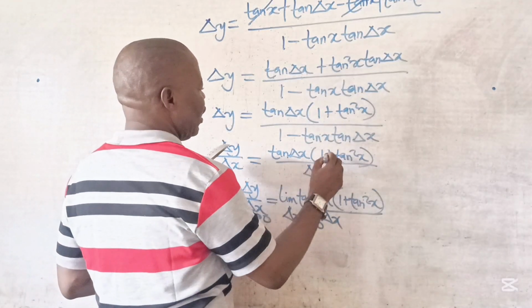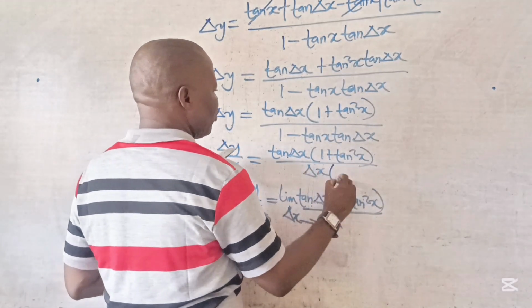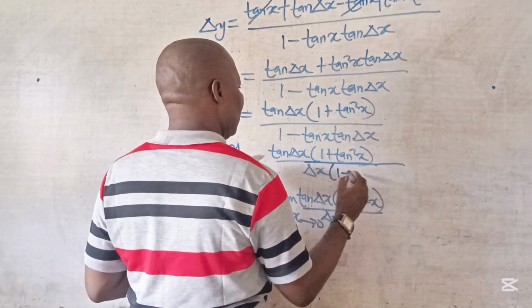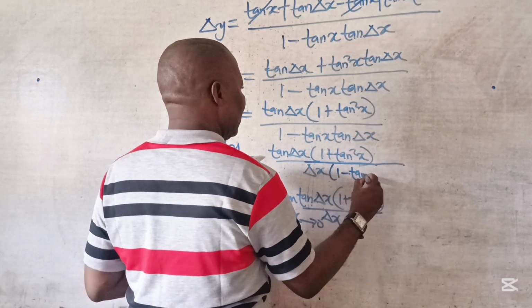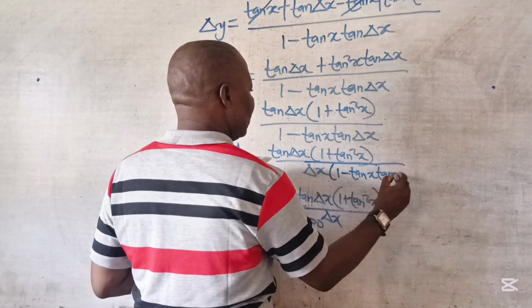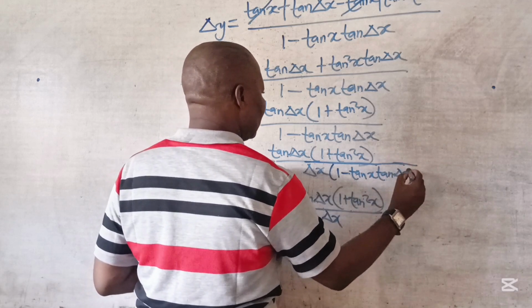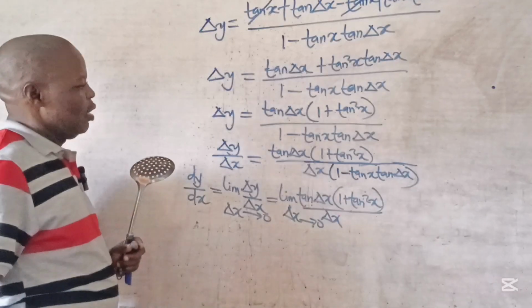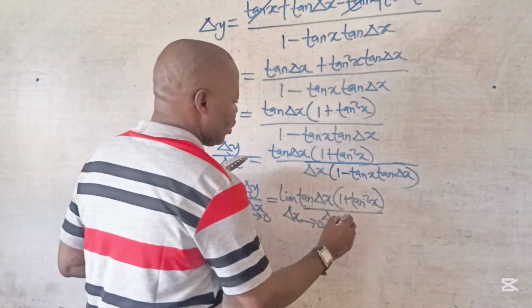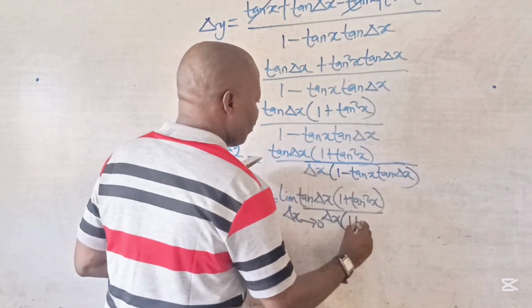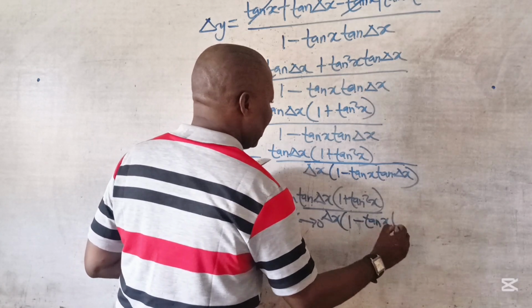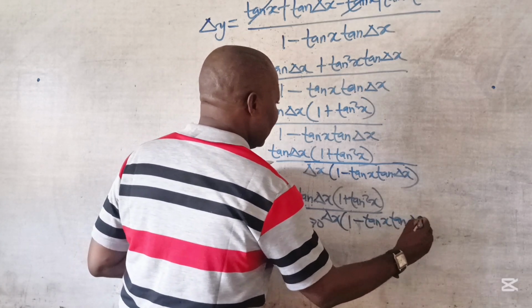This one is into 1 minus tan x tan change in x. Then we come to this place. This one is also 1 minus tan x tan change in x.